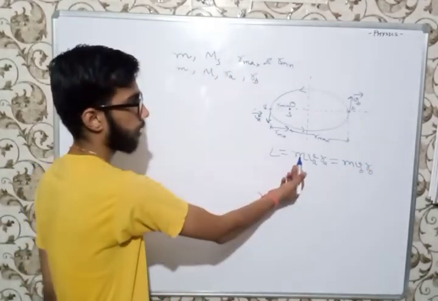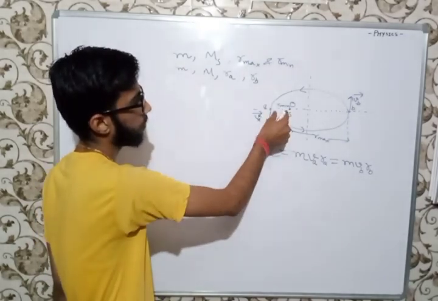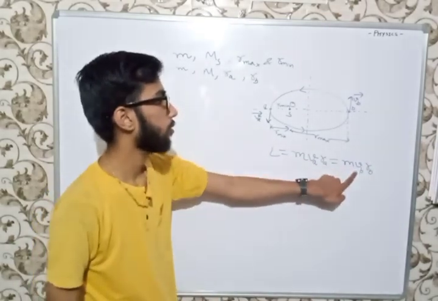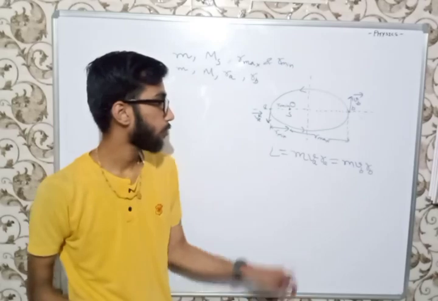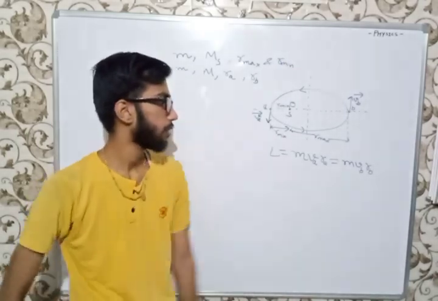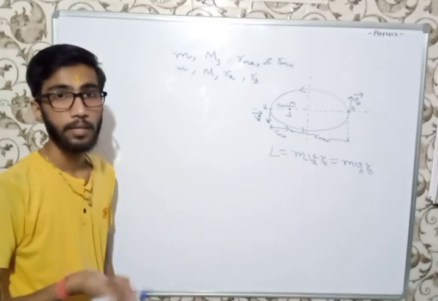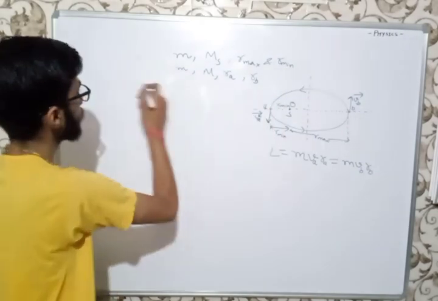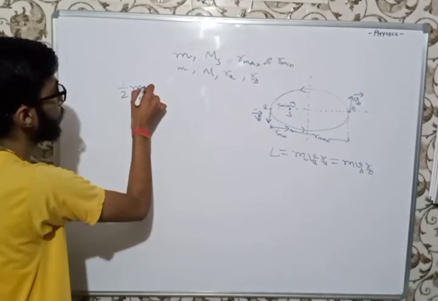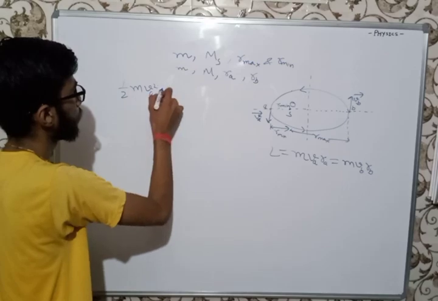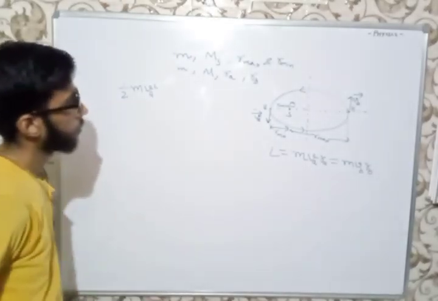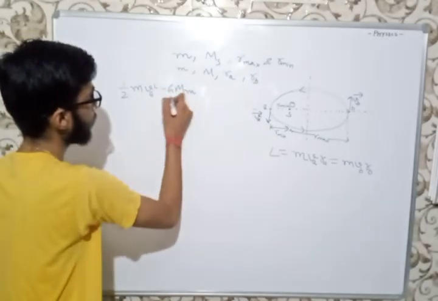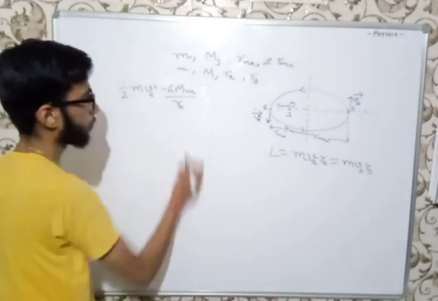I know the value of m. I have R_A as R minimum and R_B, but I don't have V_A or V_B, so I have to find the value of V_A or V_B. So just apply the conservation of mechanical energy. At point A, the kinetic energy is half m V_A square and the potential energy is minus G M m upon R_A.